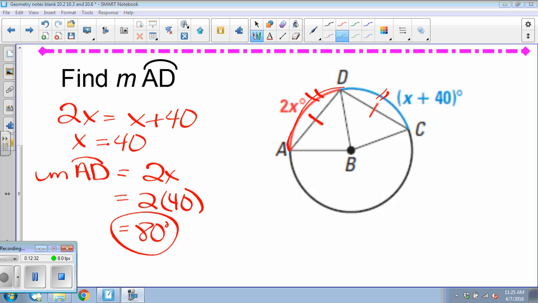So that's the first thing you should do: look at the drawing and recognize what's congruent, or what plus what is going to equal 180. What plus what is going to make a straight line? Or if you see a perpendicular symbol, if it's perpendicular to a chord, it cuts that chord in half. It's a perpendicular bisector. All right?